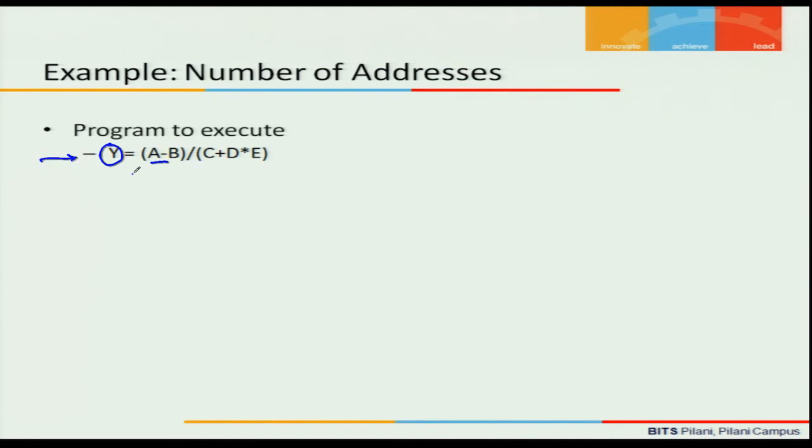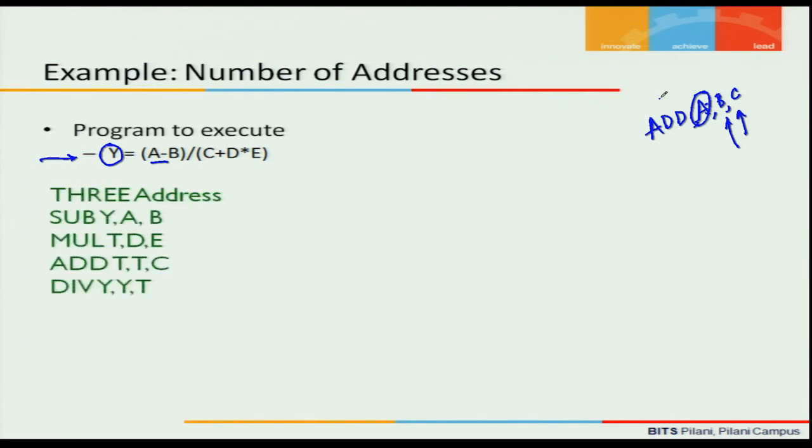A 3-address machine would mean that I can support instructions like add A, B, C. That would mean that the contents of B and C can be added and put in another register A. So up to 3 operands I can specify. That's what I mean by saying that I have a 3-address machine.